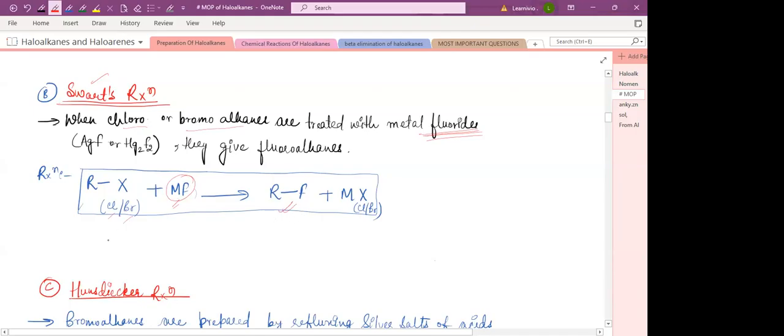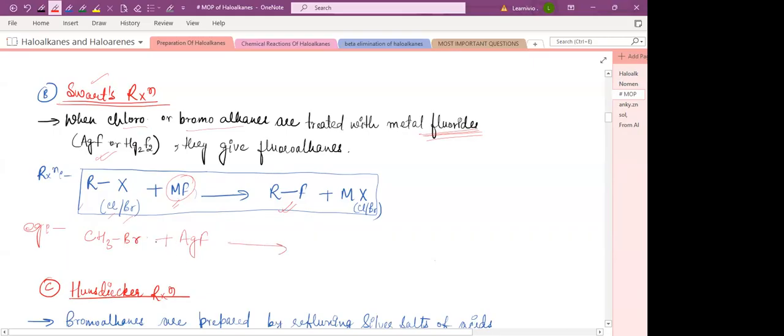For example, in this type we take metal fluorides like AgF, silver fluoride, or Hg2F2, mercurous fluoride. Let's take CH3Br, bromomethane, and treat it with a metal fluoride, suppose AgF.